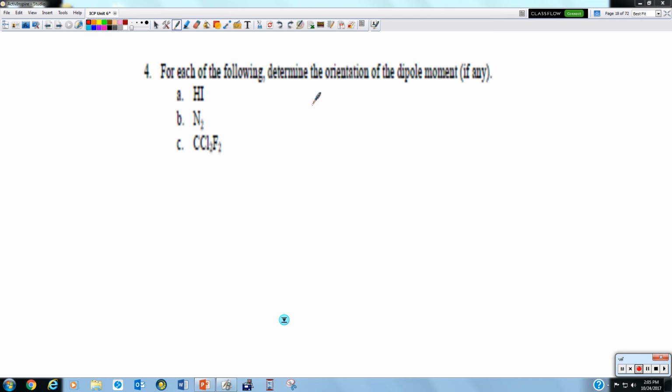So real quick, we haven't done Lewis dot structures yet, but I'm just going to go ahead and give them to you. So the bond between hydrogen and iodine will look like this. All right. Now, looking at this molecule, which one's the more electronegative of the two?